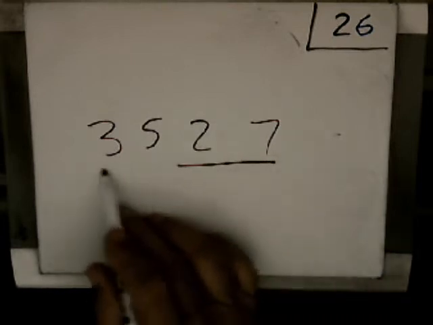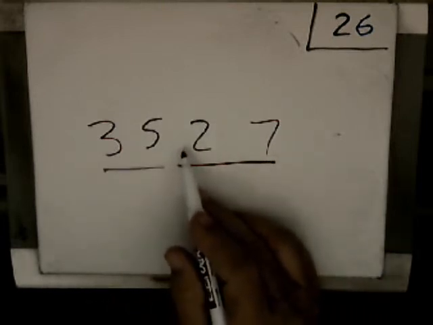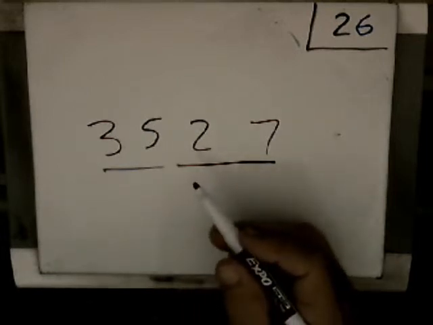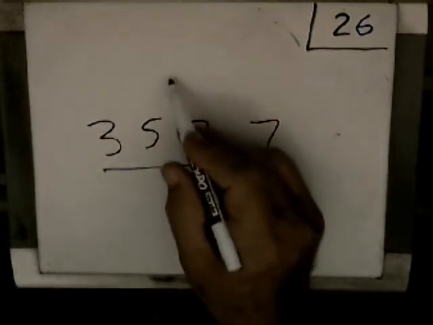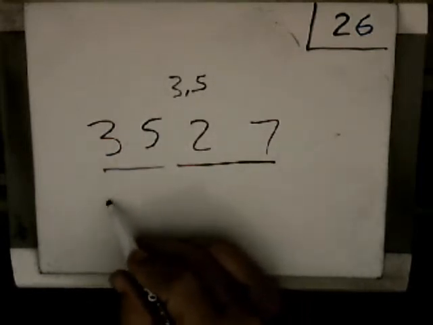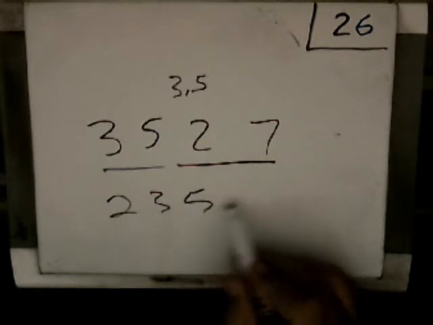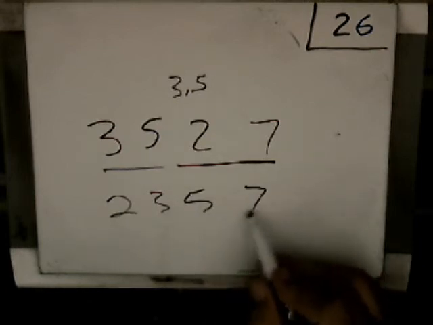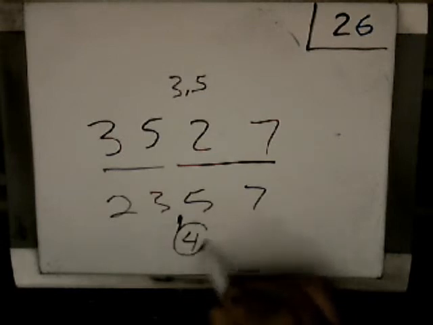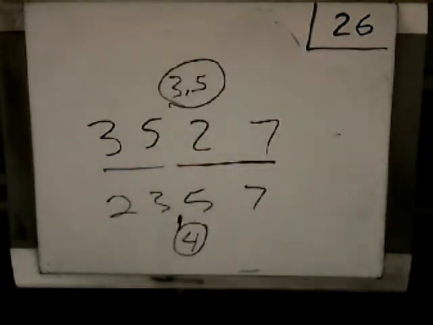If I were to come down halfway, I'd say halfway between 2 and 5 is 3.5 maybe. Well, if I put them in order, 2, 3, 5, and 7, the middle point is between 3 and 5, which is 4, so I ended up with an error.